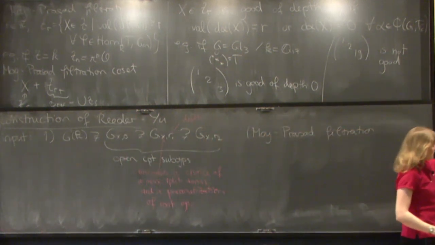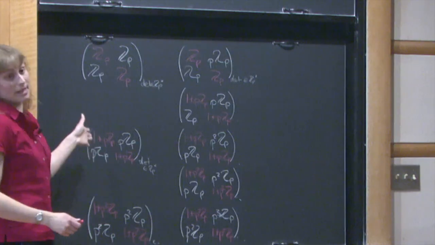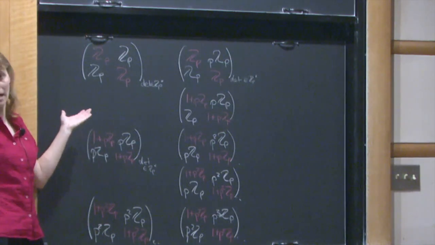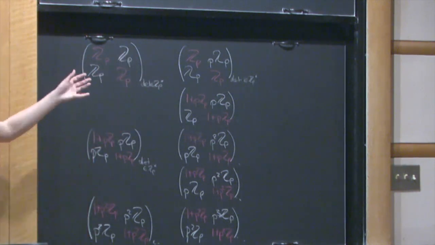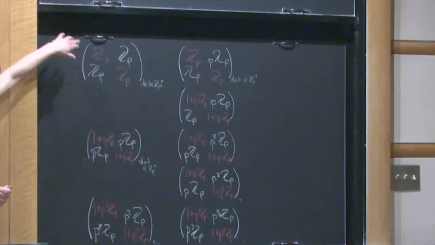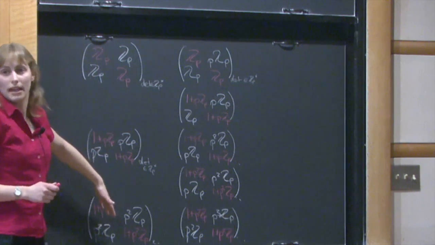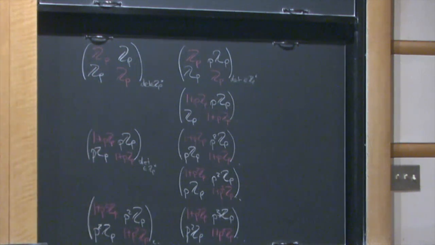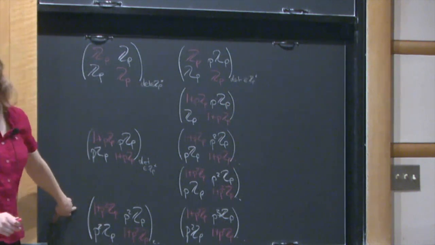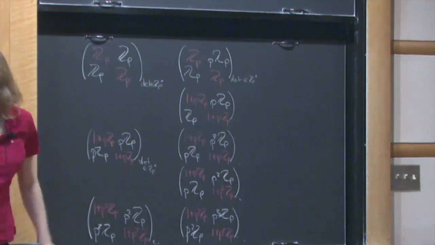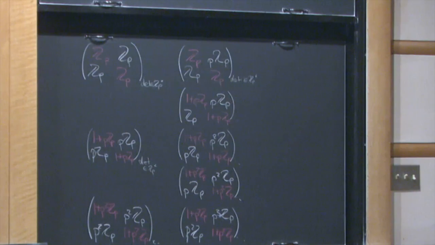So for example, here I have the example of GL2 or SL2, whichever you like, so you intersect with the invertible elements or those of determinant 1. The red part, the diagonal, is the torus that I've chosen. And you see that this filtration translates into a filtration here by ZP, 1 plus PZP, 1 plus P squared ZP, and so on. And then the other part is the root groups.